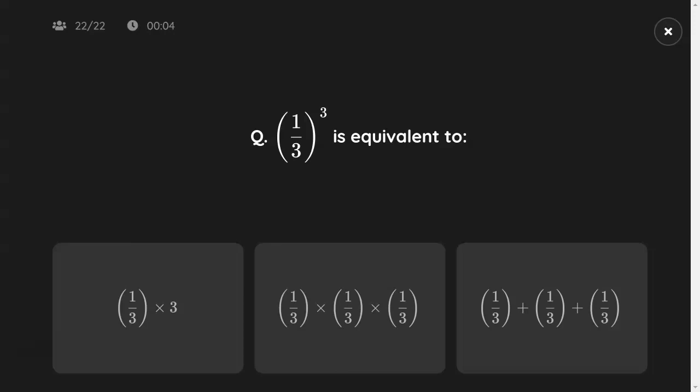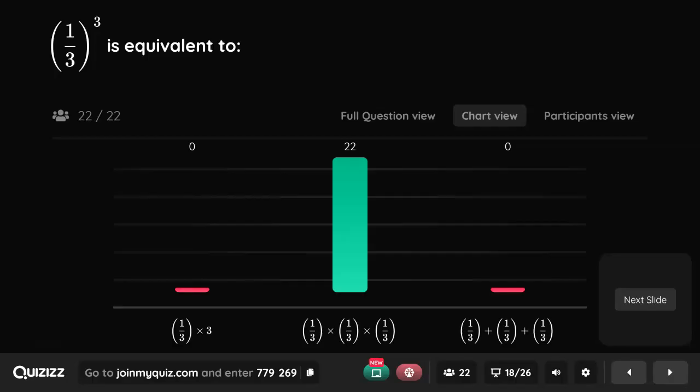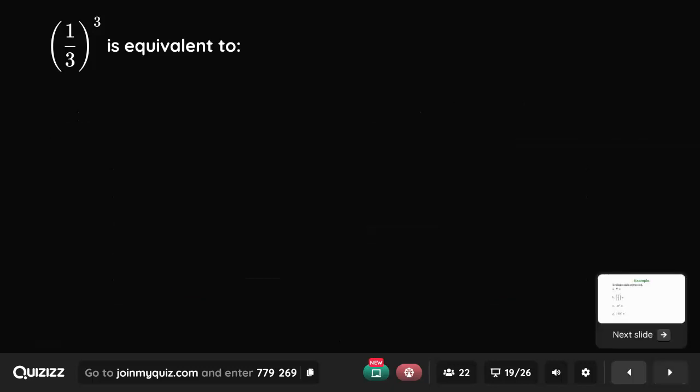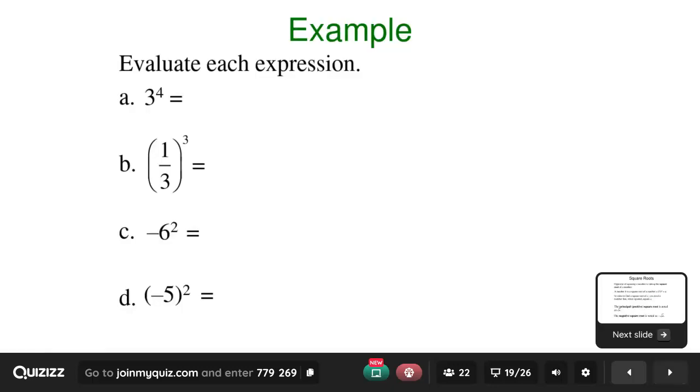Okay, so 1/3 times 1/3 times 1/3. Perfect, you guys are so smart. All right, so now we want to evaluate, and look beyond just the expansion, but also be able to evaluate a lot of these. And some of these you want to be able to do rather quickly.